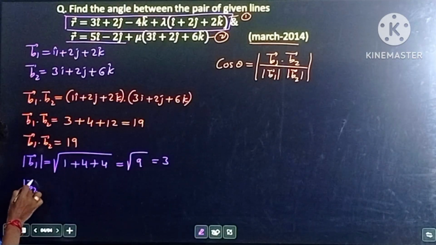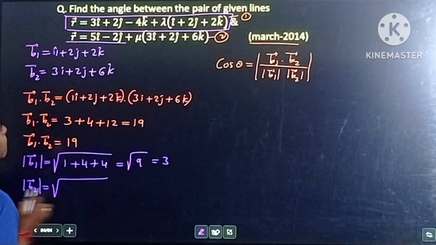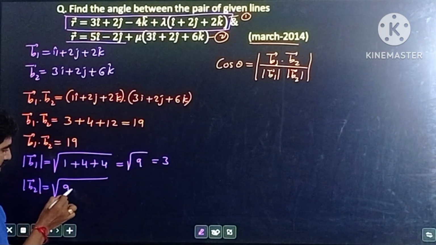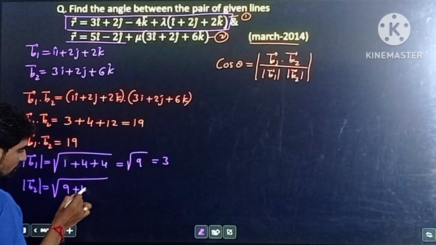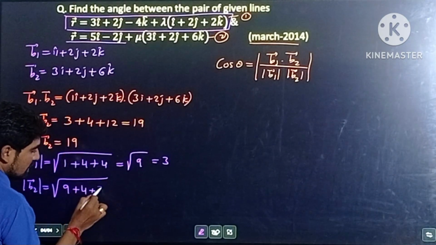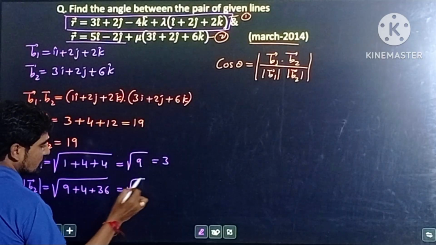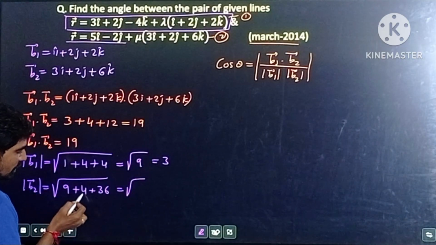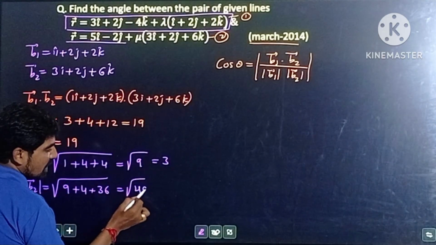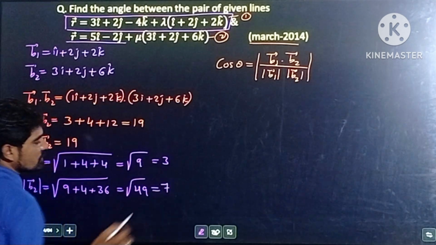Similarly, magnitude of b2 vector equals square root of 3 square 9 plus 2 square 4 plus 6 square 36, which equals square root of 36 plus 4 is 40, 40 plus 9 is 49, and square root of 49 equals 7.